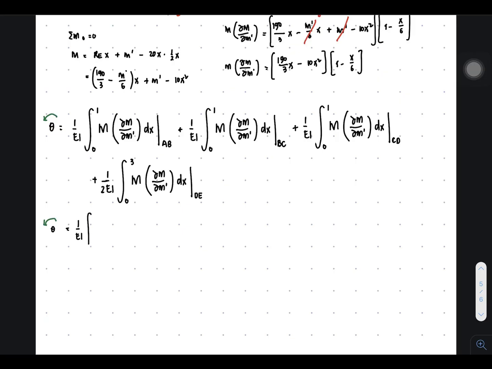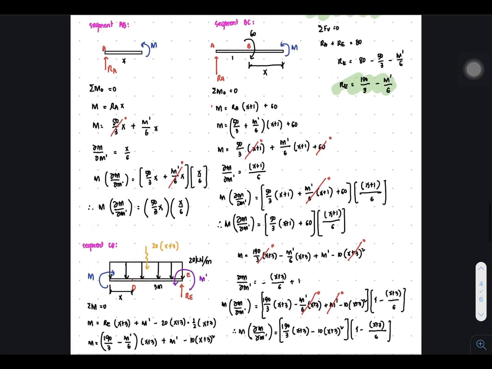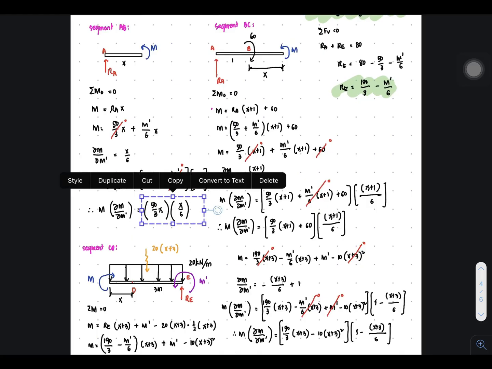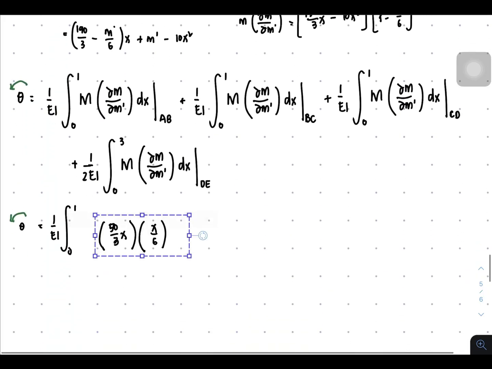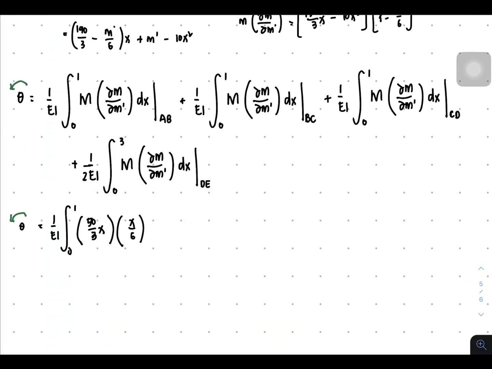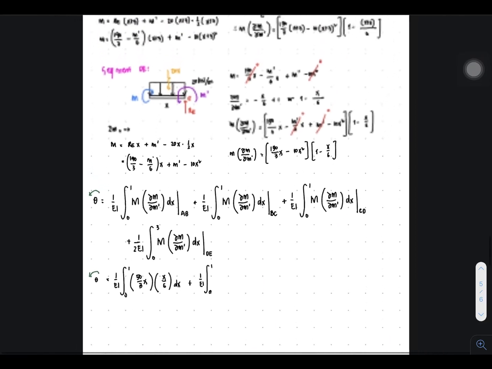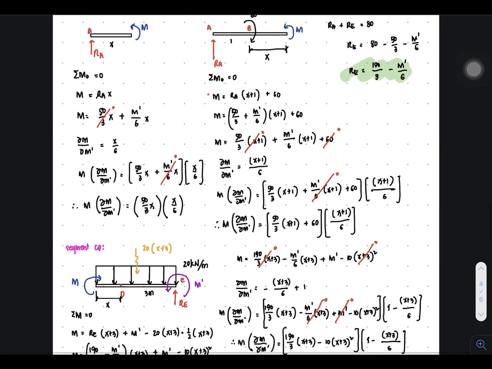So we have 1 over EI for the first integral, 0 to 1 limit for the AB segment. Let's copy the segment AB. Where is the segment AB? Here. Let's copy that and paste it here. dx, then plus 1 over EI, the integral from 0 to 1 in the limit of BC. Where is BC?